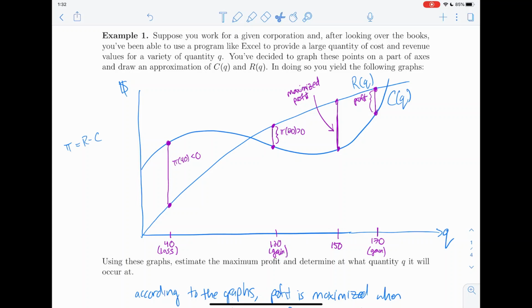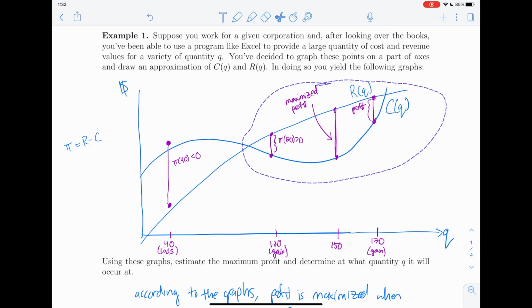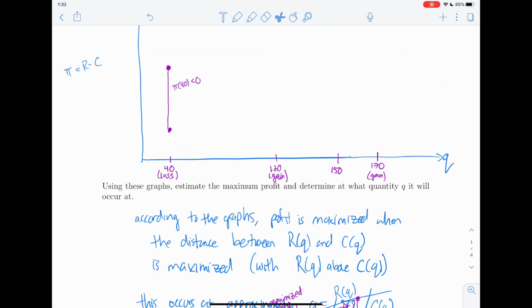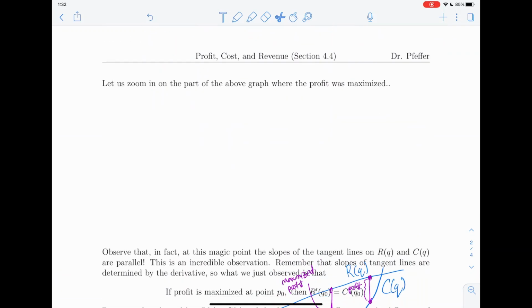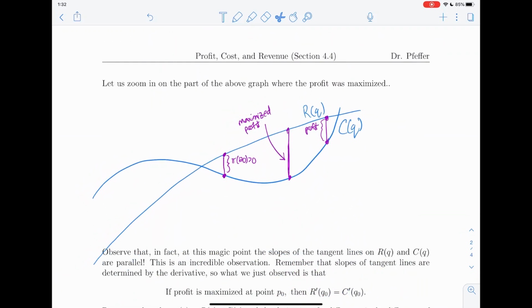So maybe what we'll try to do is we will cut this and see if we can't bring that with us. Here we go.